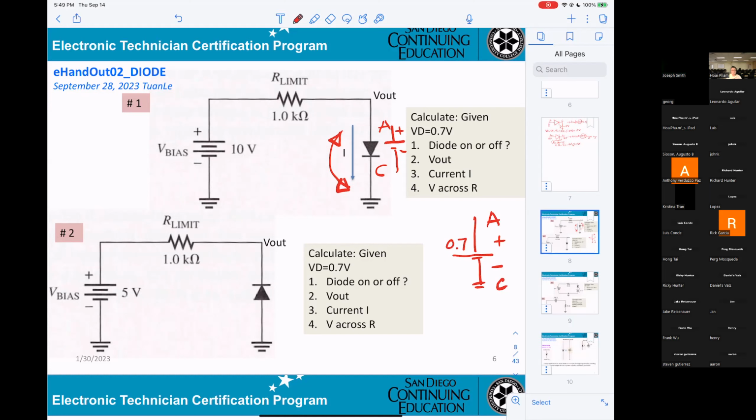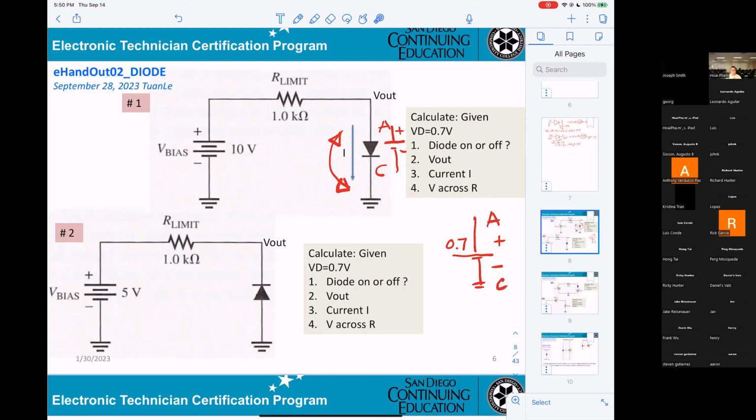Is it correct? Yes, the diode is on. Then now you substitute this diode by this battery here. But in a circuit like this, I know that it's on, but doesn't that formula help you to see that it's on?